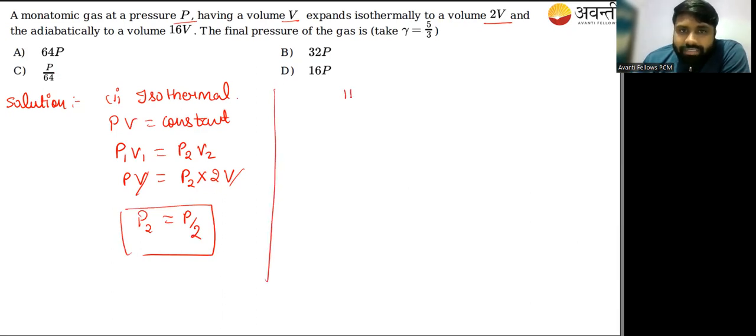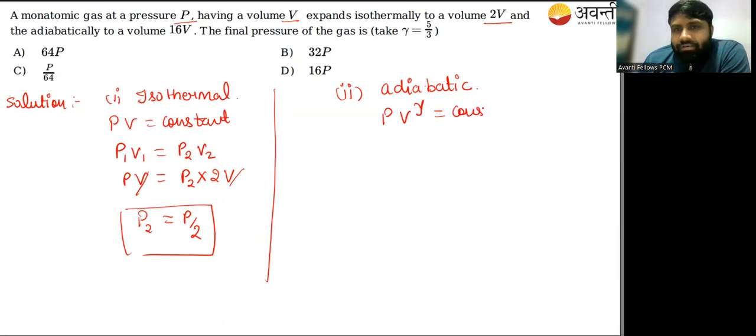Now the second process here is adiabatic. In an adiabatic process, we know the equation: PV raised to the power gamma is constant. So we can say that P1 V1 raised to the power gamma equals P2 V2 raised to the power gamma.